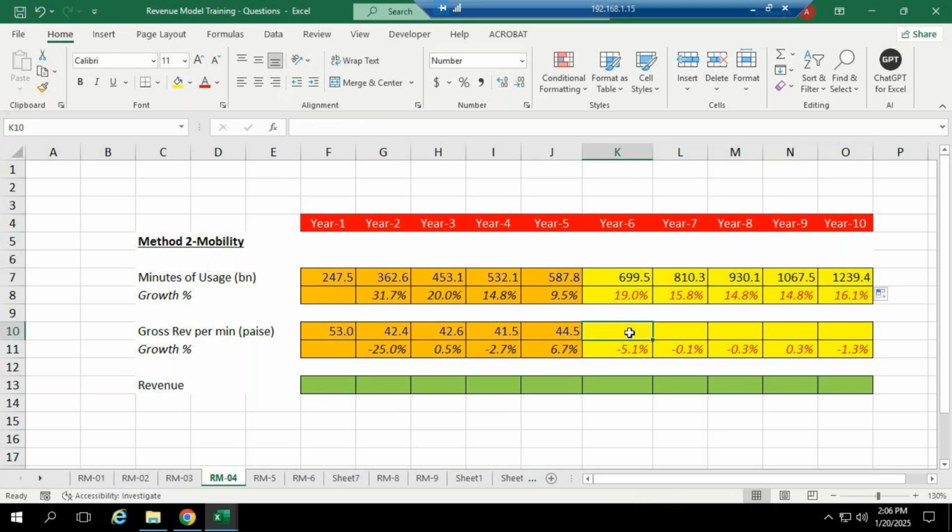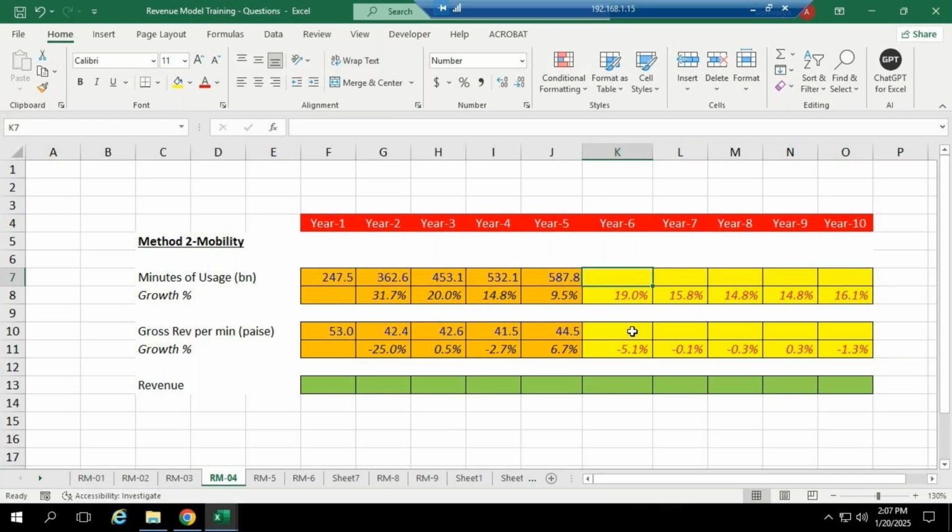Now again, in the same way. Once again, just that one. So in this year 5 and year 6, when compared to year 5, 19% it has been increased when you compare to year 5.